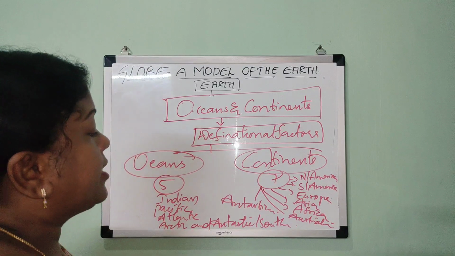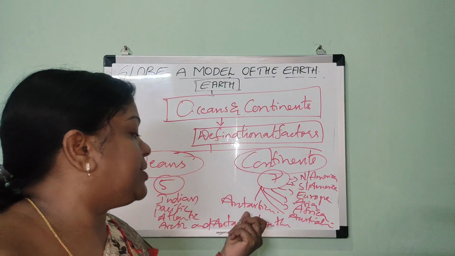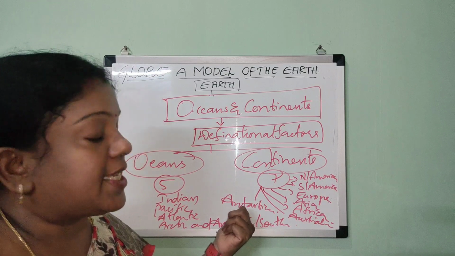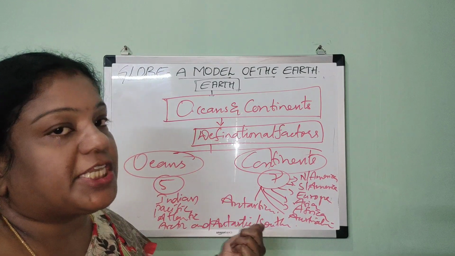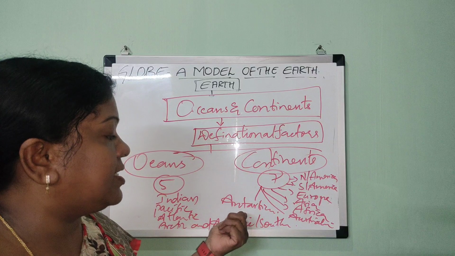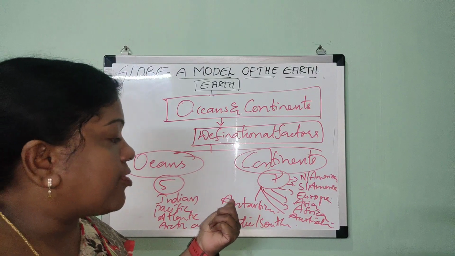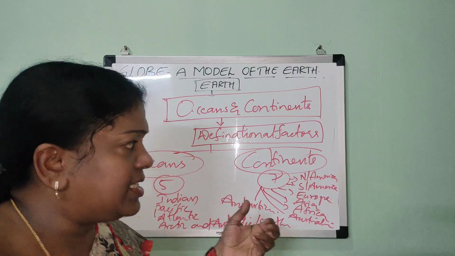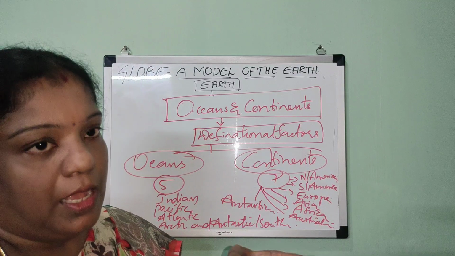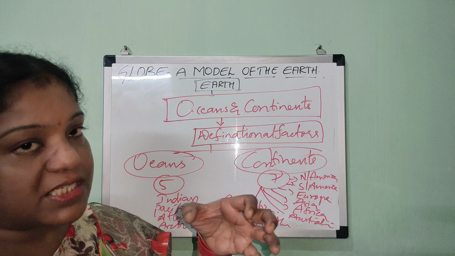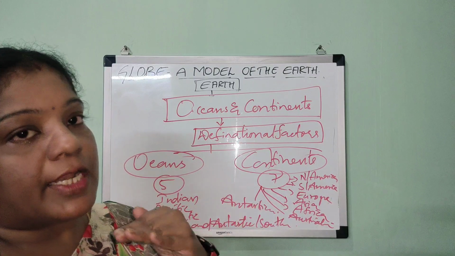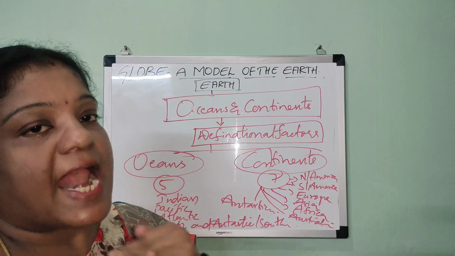Here there is a specification regarding Antarctica. It is called the shield of ice. This continent is called the shield of ice because the location of Antarctica is very close to the poles, to the south pole. It is totally a frozen land mass.